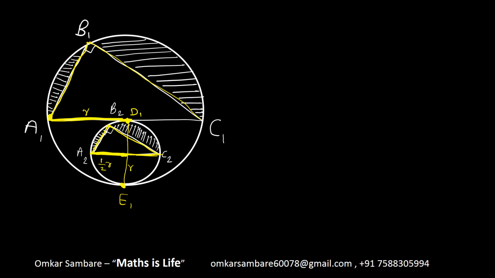Again, if you try to add circles inside them, if you take a third circle here, its radius will be half of this radius, that is half of half r. So it will be 1/4 of r. Again, if you draw a triangle here, and again draw a circle here, its radius will be half of 1/4 of the radius.